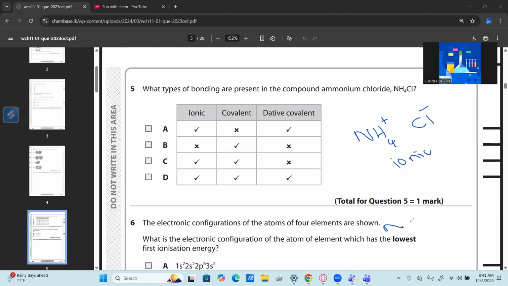If you take ammonium, in that we have covalent bonding also. And to form the ammonium ion, a dative bond is also there because ammonia has a lone pair of electrons and it is given to an H+ ion, and then nitrogen will get a positive charge. So all three are present, therefore the correct answer is D.